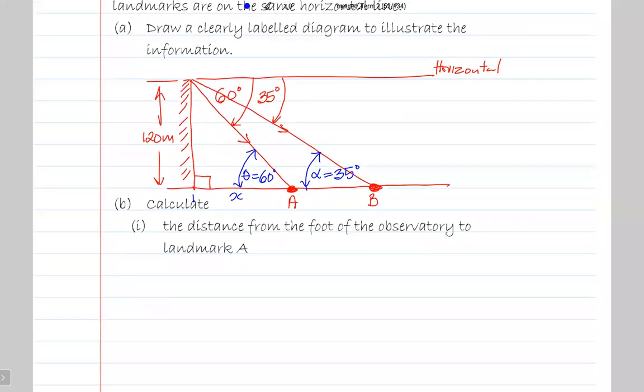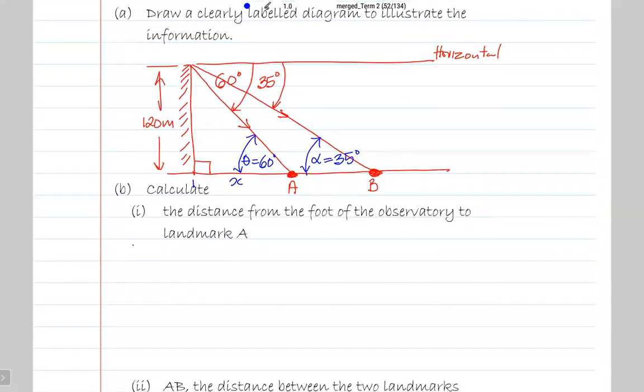So I would start out by telling the examiner that theta is equal to 60 degrees. There are alternate angles. The angle of elevation is equal to the angle of depression. So since the angle of depression from the observatory to A is 60 degrees, the angle of elevation of the top of the observatory from A is also 60 degrees.